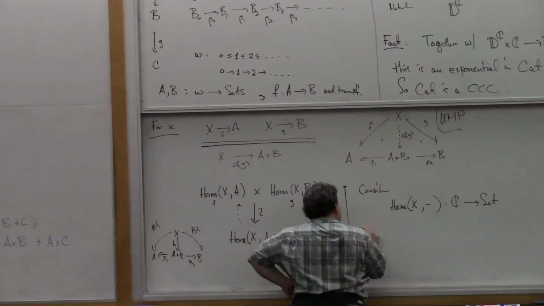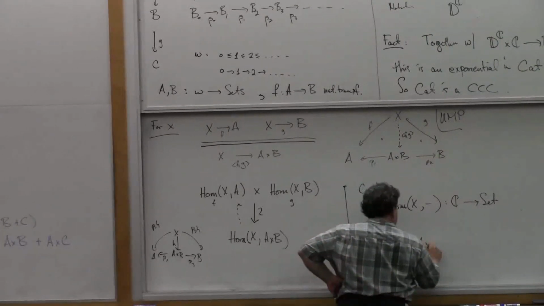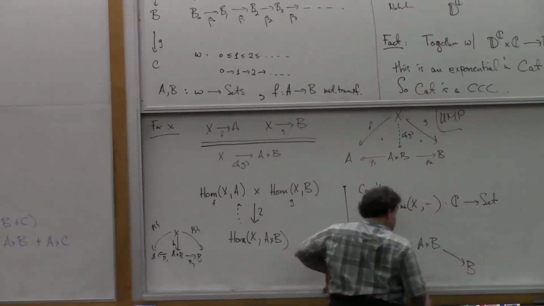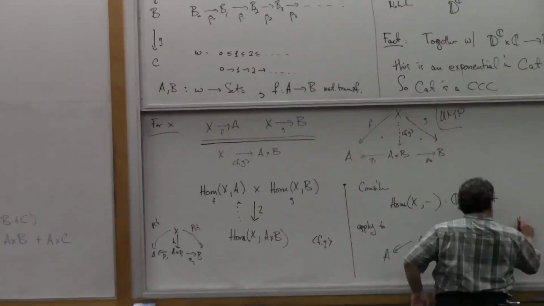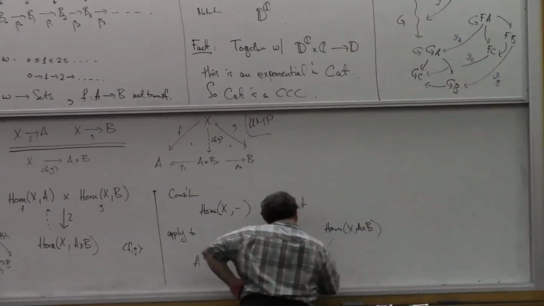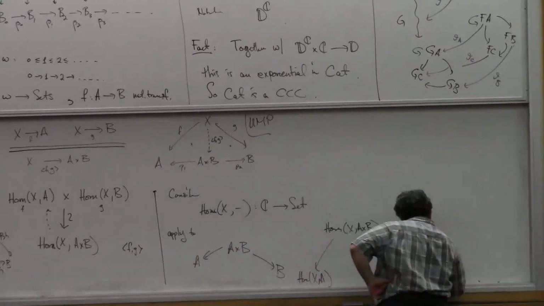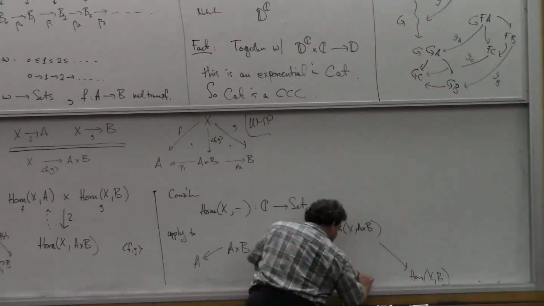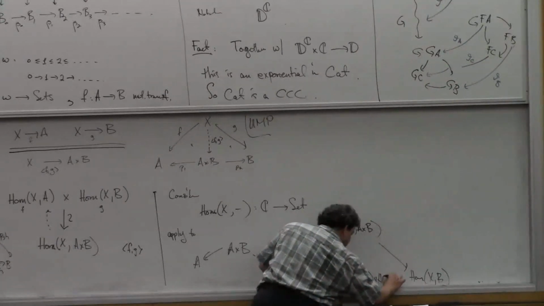Apply it to the diagram A × B, A, B. Apply this functor to that diagram, and then you get Hom(X, A × B), Hom(X, A), Hom(X, B). Well, but these things have a product, namely Hom(X, A) × Hom(X, B).